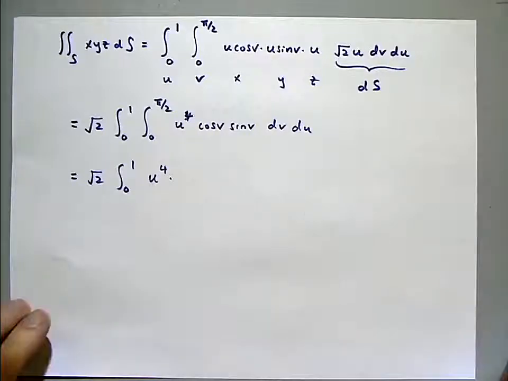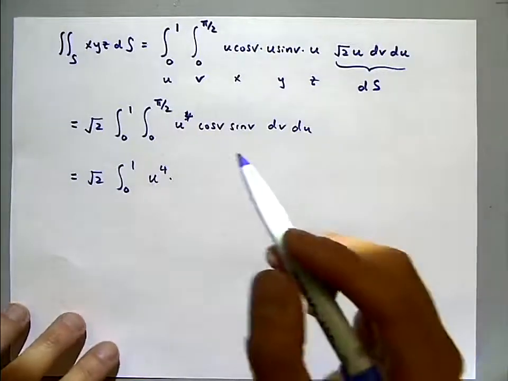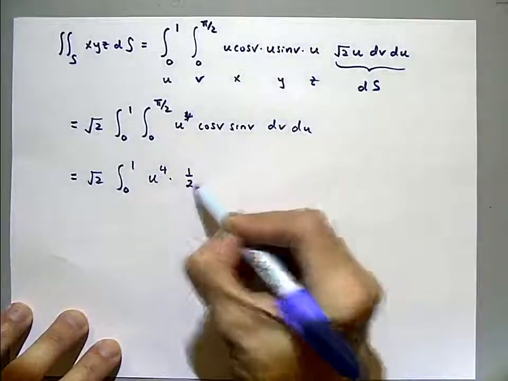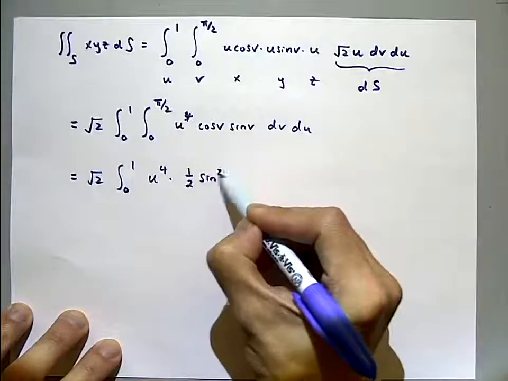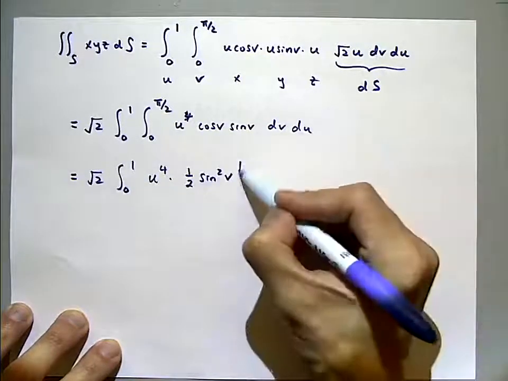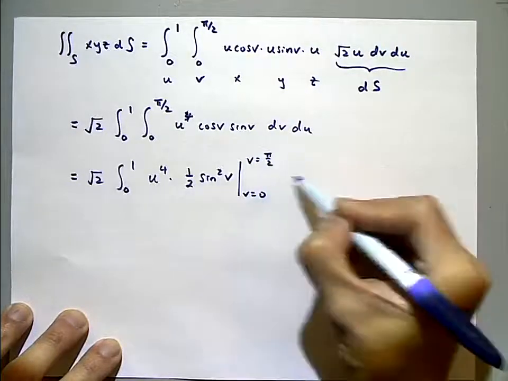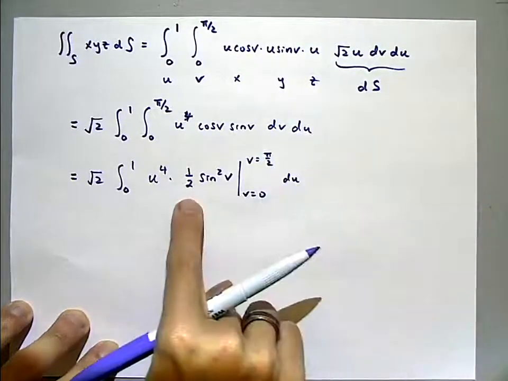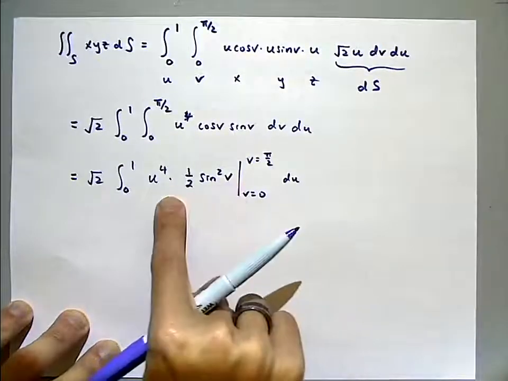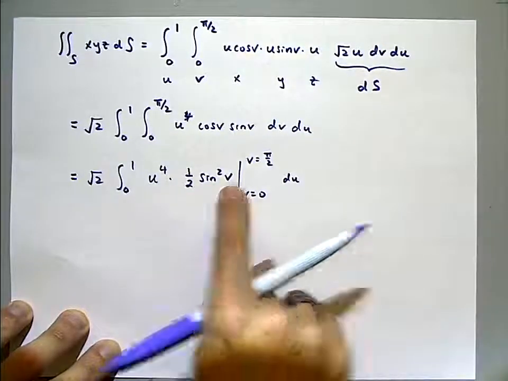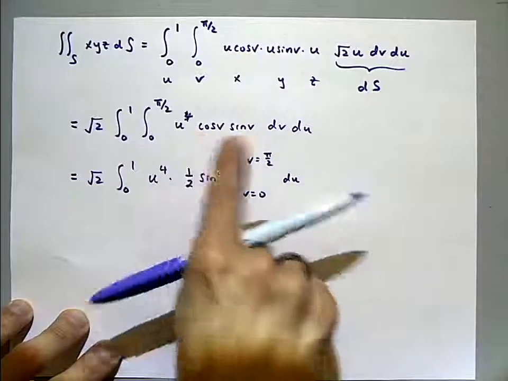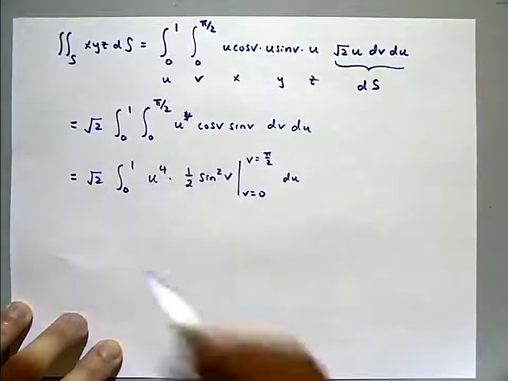And if you do that, you should end up getting 1/2 sine squared v. And you can check, if you take the derivative of this, you get 2 times 1/2 sine v, chain rule, cosine v. All right, so that's what you get.